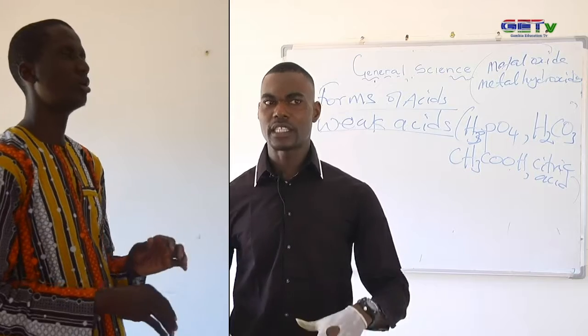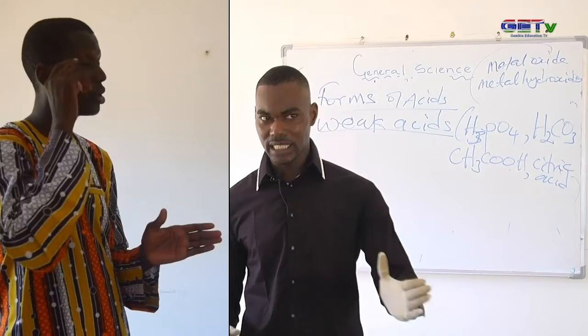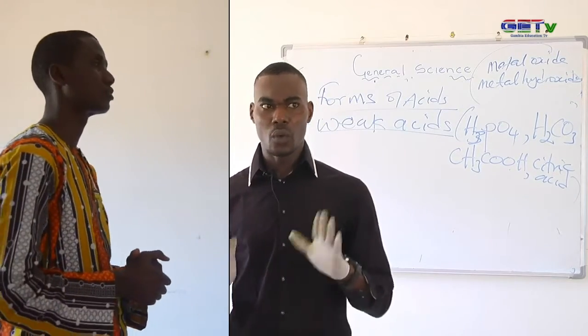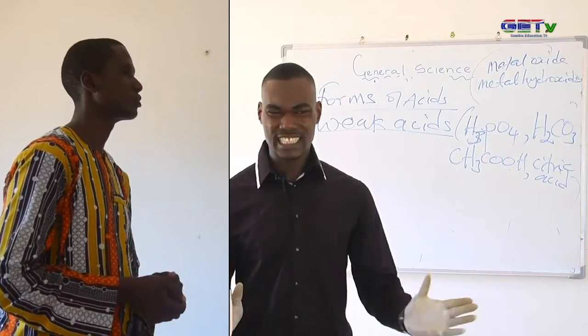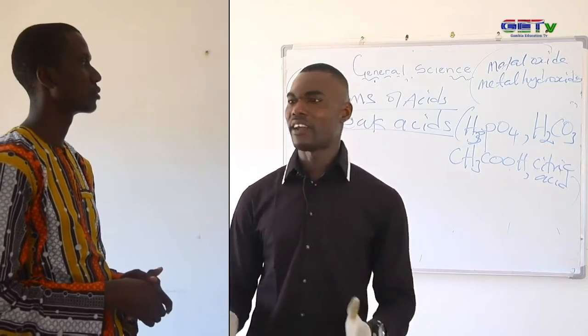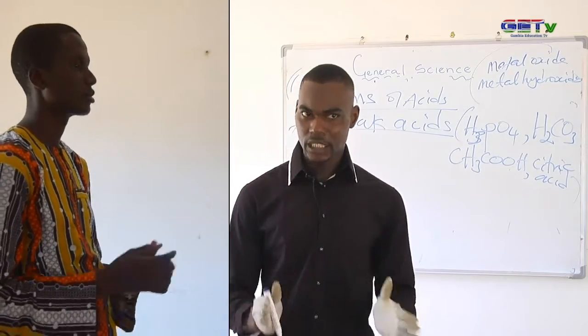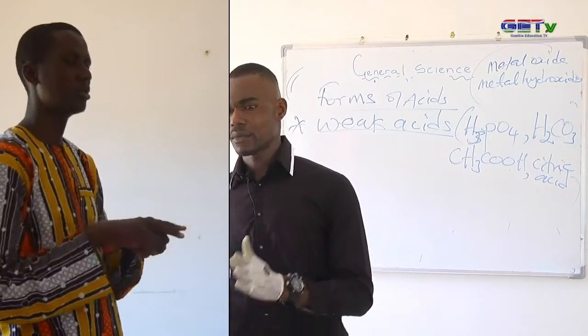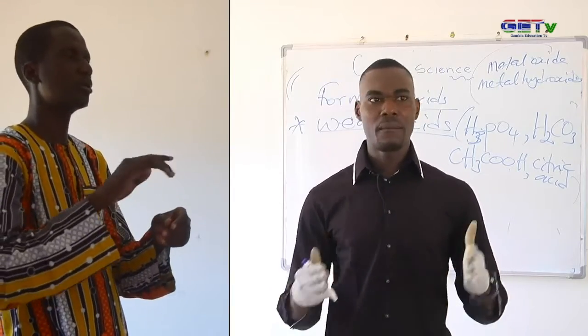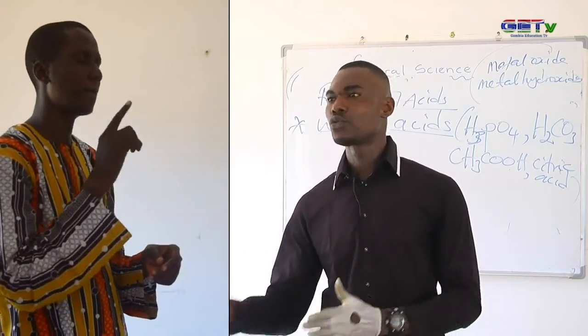So take these points seriously about strong acids and weak acids. Let me reiterate once more. What are the differences between strong acids and weak acids? One, strong acids completely ionize in water. Weak acids do not completely ionize in water. Two, strong acids have pH values of 1 and 2.